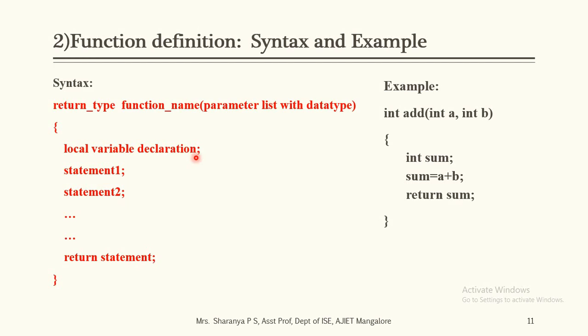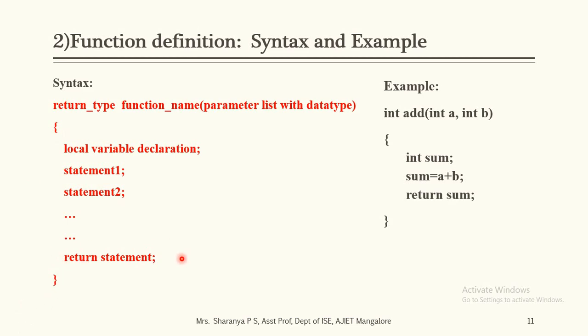As we discussed previously, these are variables whose scope is within this function, that is, they can be used only inside this function. Then come the statements, the executable code we write inside the function, which need to be written inside the opening and closing braces.